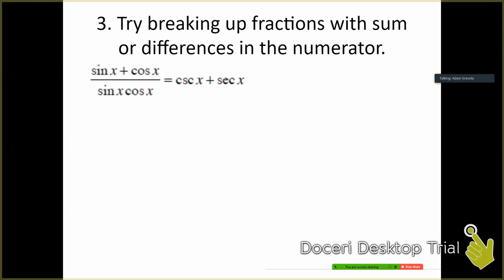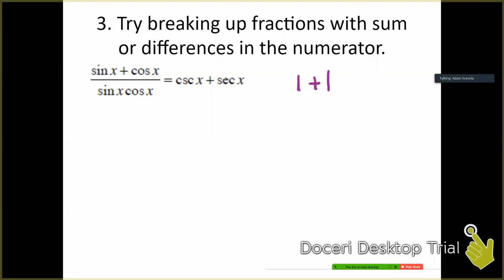So I'm going to start on the left side. If you have a fraction, you can break it up if there's a sum in the numerator. If I said 1 plus 1 over 2, that's the same thing as 1/2 plus 1/2, because you're going to divide before you add.